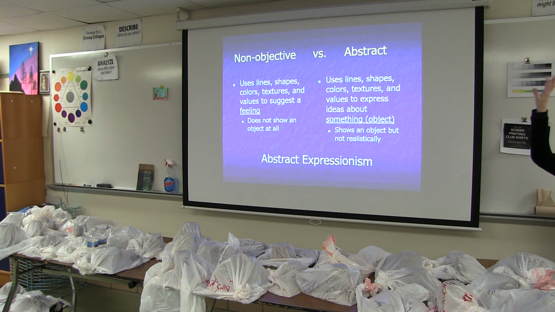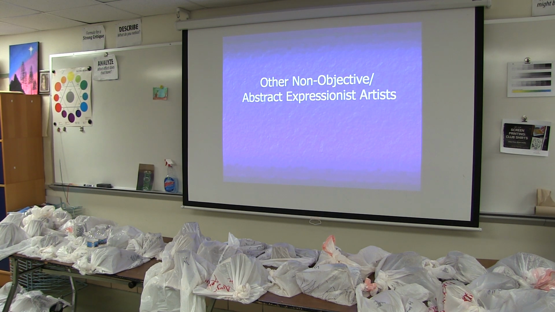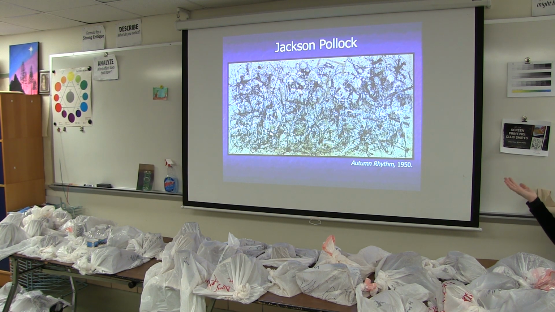Okay. So where this goes is we can relate this to abstract expressionism, which is a historical form of art. You might be familiar with Jackson Pollock. Jackson Pollock was an abstract expressionist artist, and he was using lines, shapes, colors, textures, values to express, in his case, movement.